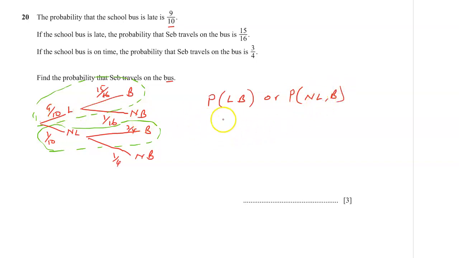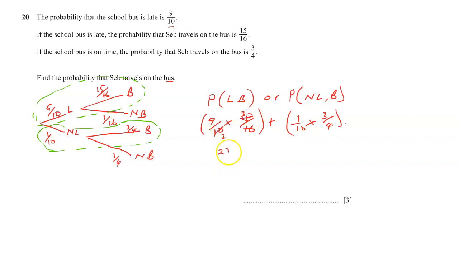So here we have 9 upon 10 times 15 upon 16, it travels by bus, plus not late is a 10th times 3/4, it travels by bus. You can divide by 5 here, you get 3 by 5, you get 2.